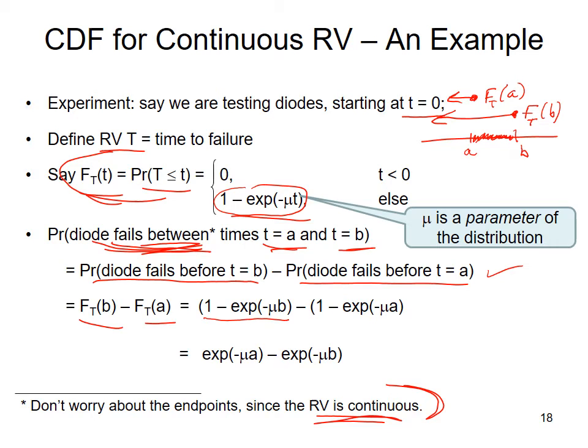And then I subtract off capital F of A. So again, this is capital F_T of B. I subtract off capital F_T of A, just using the equations up here. Right? And then we notice the 1's cancel, and because of the minus signs here, it becomes e to the minus mu A. That one comes out in front, and we're subtracting off, again because of the minus sign here, e to the minus mu b. Okay, so that's my answer for the probability of failure between time A and B.